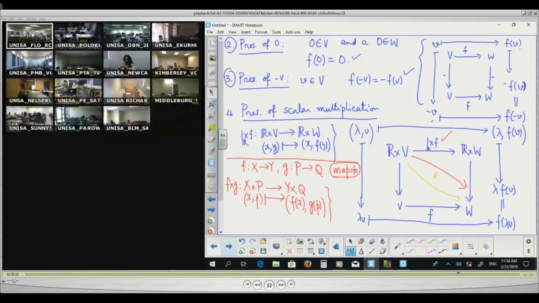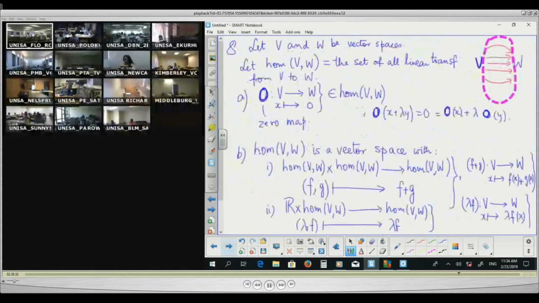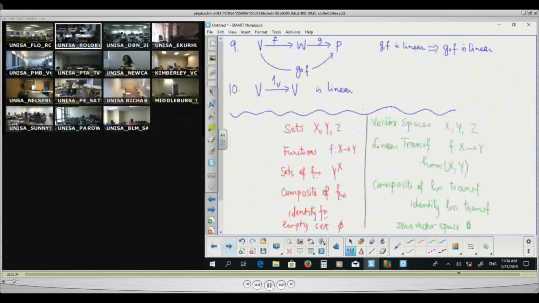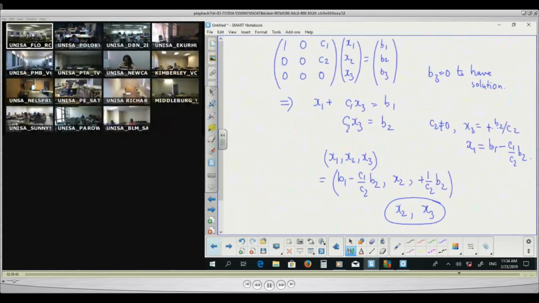One minute. So here is the flow chart for the same. You are given this function.